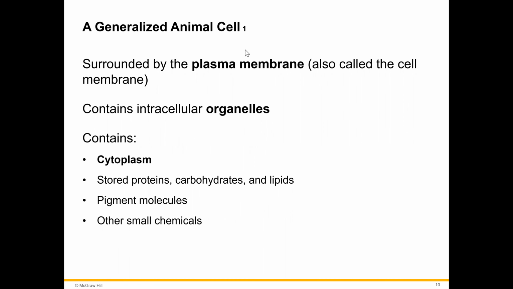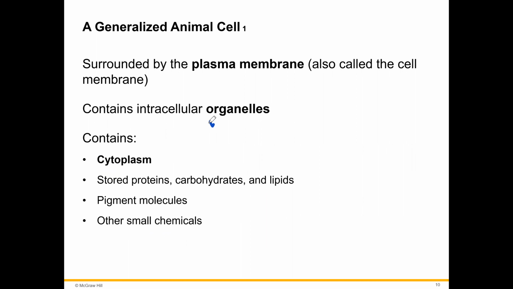Structure of a cell. A cell is surrounded by a plasma membrane, also called the cell membrane, and contains intracellular organelles. Cells contain cytoplasm, stored proteins, carbohydrates, lipids, pigment molecules, and other small chemicals. Now, the cytoplasm is made of cytosol and all the organelles.